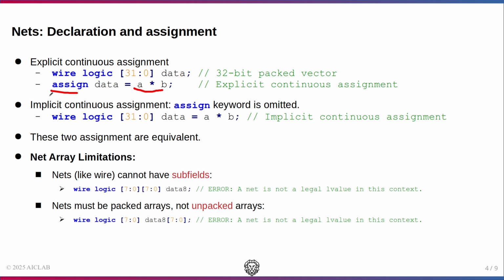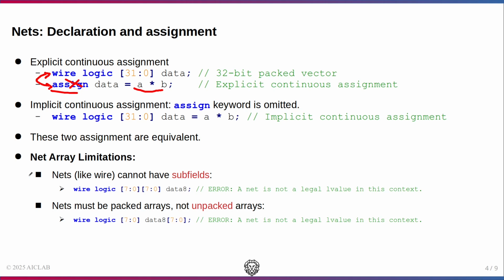Another way is implicit continuous assignment. In this way, we omit the assign keyword and merge these two lines into one line. Simply, we can write wire logic 32-bit data equals A multiplied by B. These two assignments are equivalent and there is no difference.